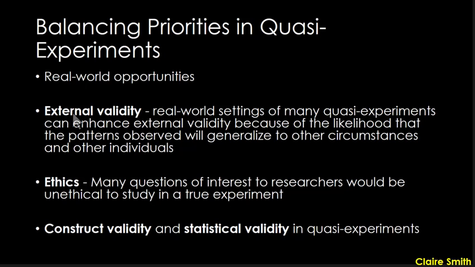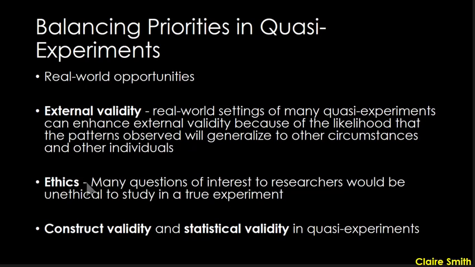This helps with external validity extremely. If we're already looking at people in real world settings, we can say that this generalizes to the real world because we're already looking at the real world, right? So although internal validity is compromised slightly, our external validity in quasi experiments is typically better.